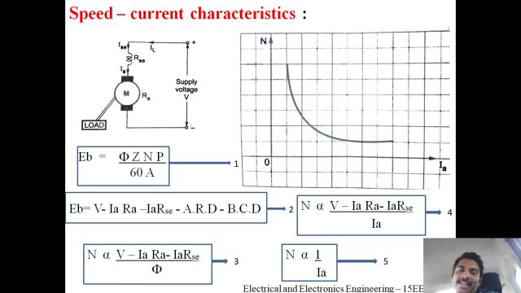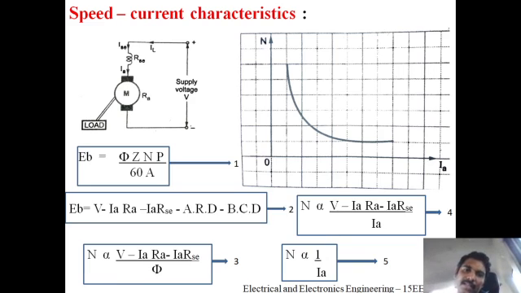So it is called a rectangular hyperbola because of two factors. One is the IA, the other one is the numerator part also. If you observe, we will come across an IARA drop and an IARSC drop. The speed of a DC series motor decreases because of two parameters.